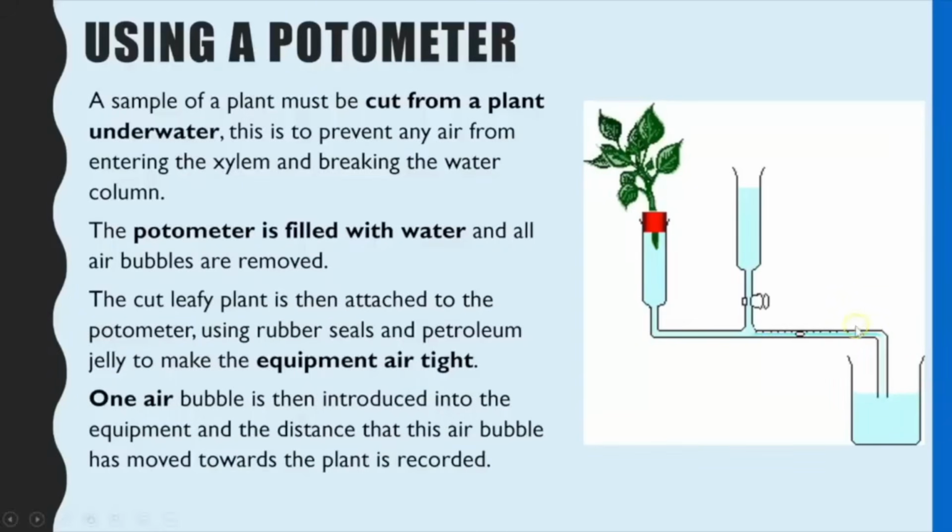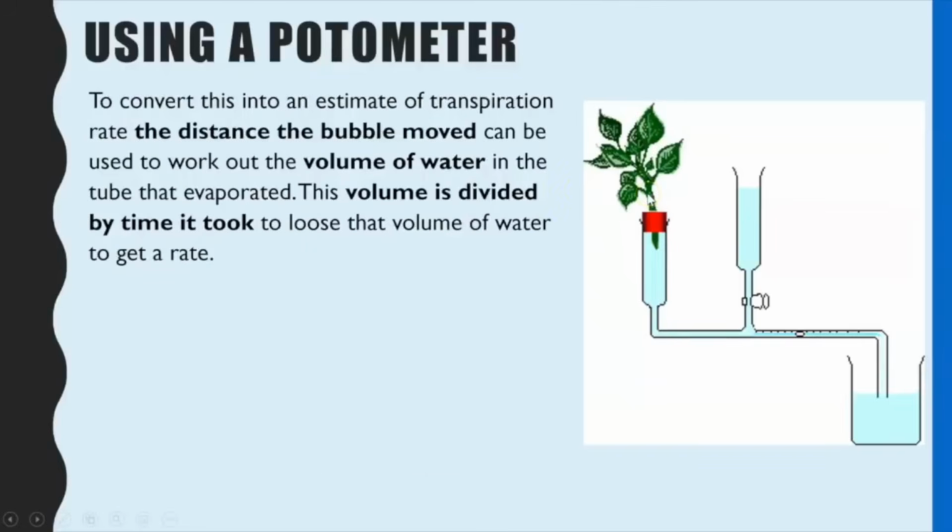Then you can see how far that air bubble travels in a certain period of time. These measurements are used to see how much water is taken up, by looking at how far that air bubble moves. This water is continuously moving towards the plant, because as the plant is transpiring, more water is drawn up into the plant.